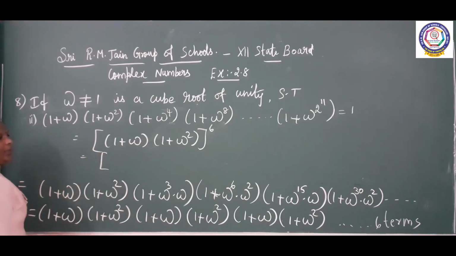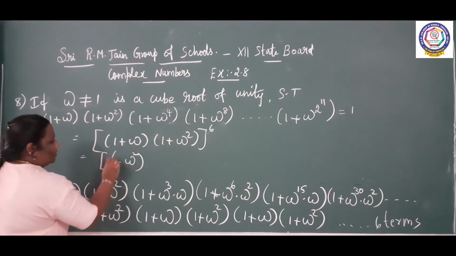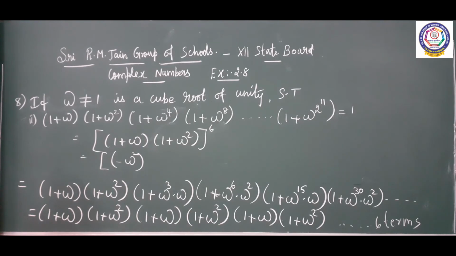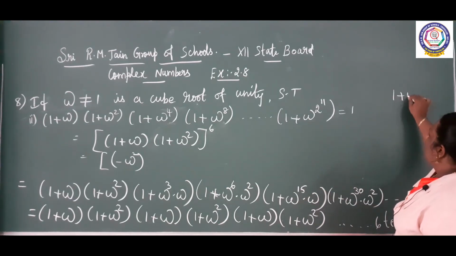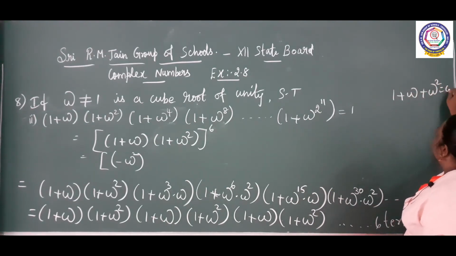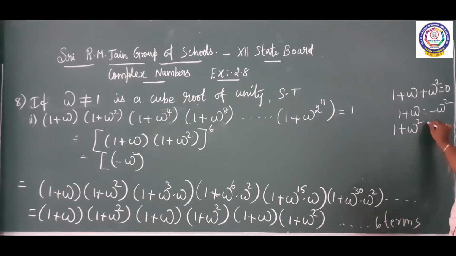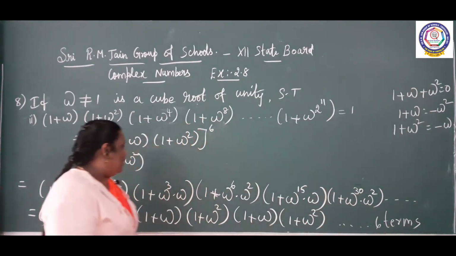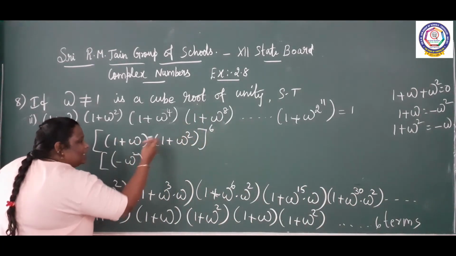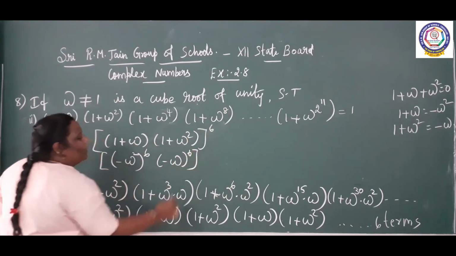See here, what is 1 plus omega? Minus omega square. I told you in the previous sum itself, 1 plus omega plus omega square equal to 0. So 1 plus omega equal to minus omega square, and 1 plus omega square equal to minus omega. So minus omega square whole power 6, you bring it inside, into 6. 1 plus omega square is minus omega whole power 6.